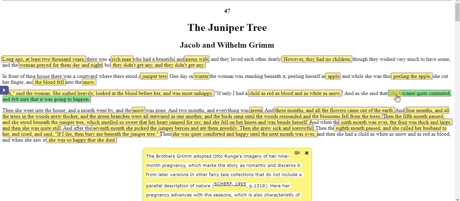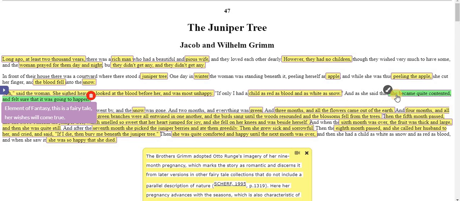Again, this is like a deus ex machina, because the moment she uttered it, she felt contented. She felt happy. The moment she uttered the words that she wants a child as red as blood and white as snow, she became quite happy and she felt sure that it was going to happen.